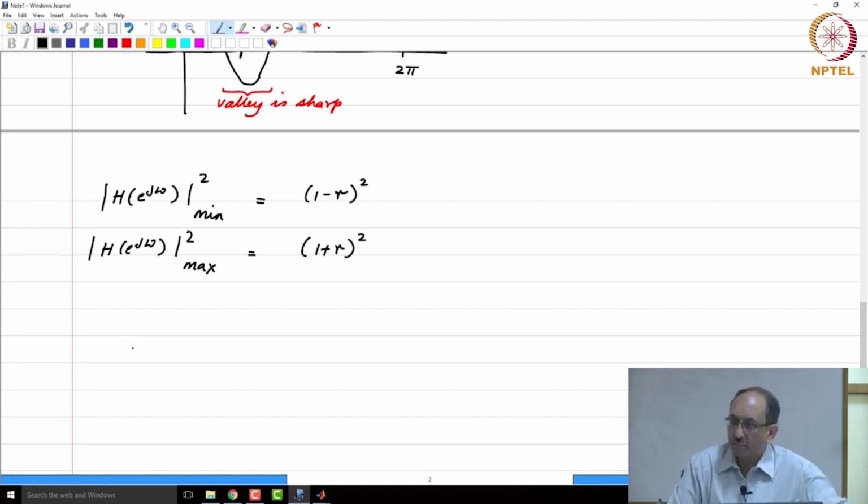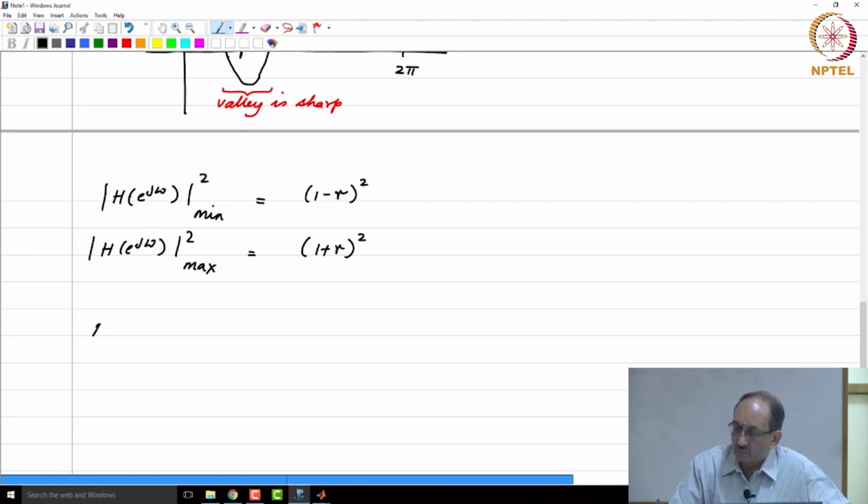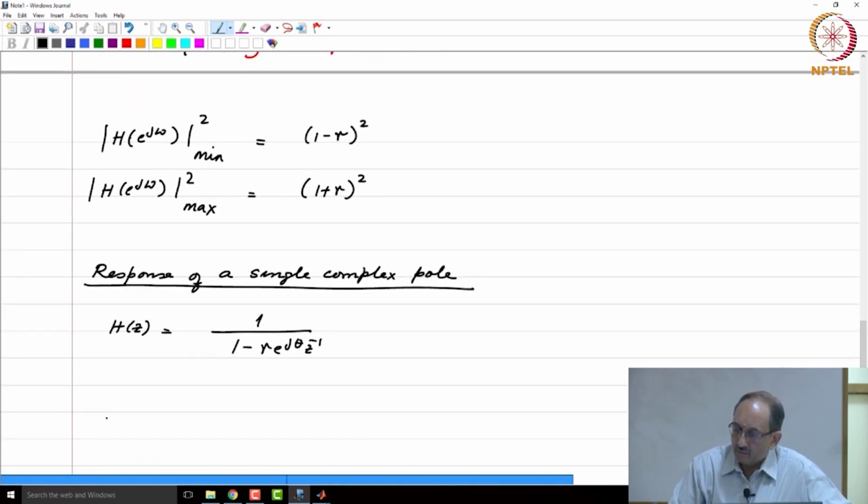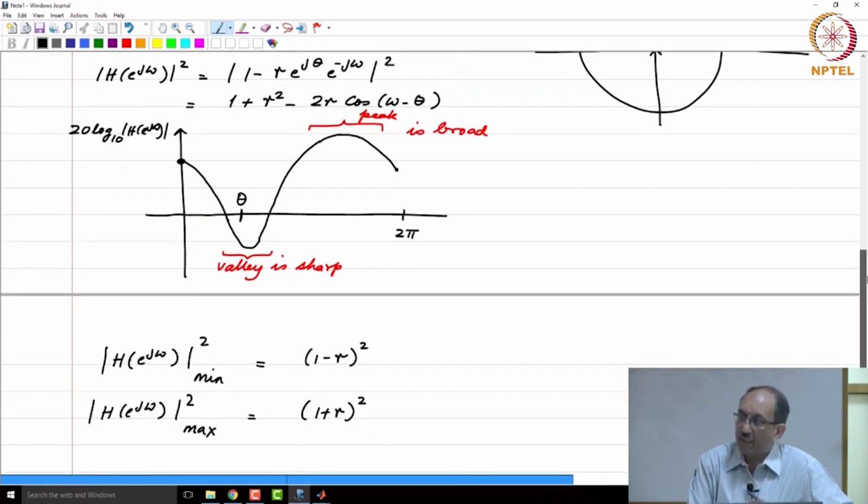Moment you have the response of a single complex 0, response of a single complex pole is trivial. So now you have H of z to be 1 by 1 minus r e to the j theta z inverse, and the log magnitude plot of this will be just the negative of this.